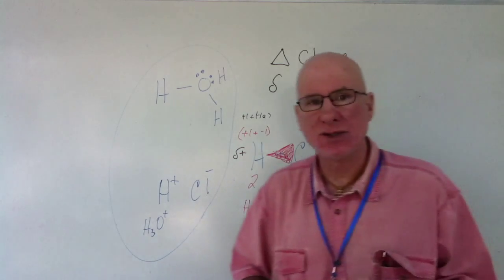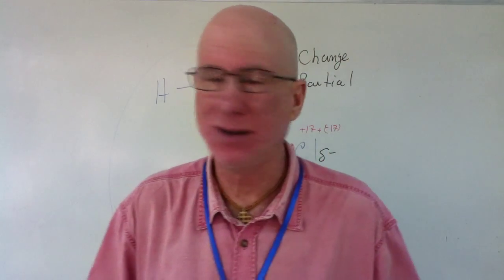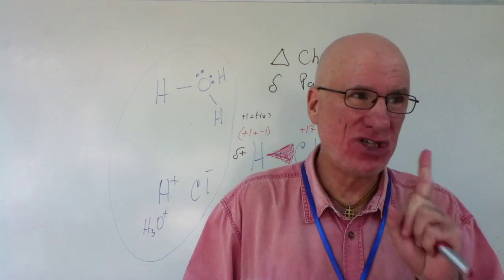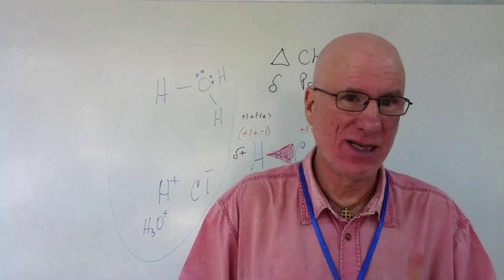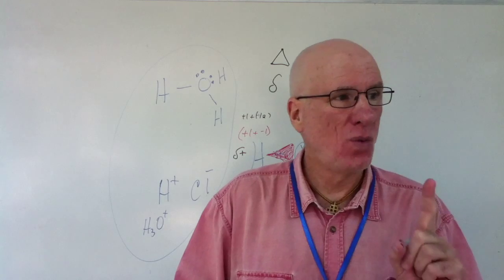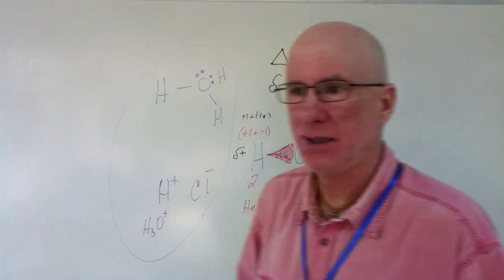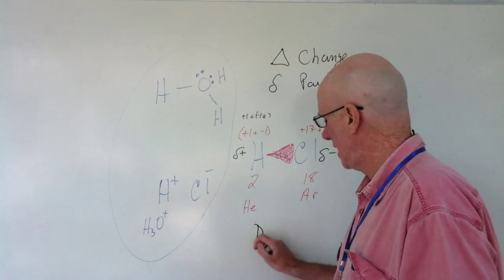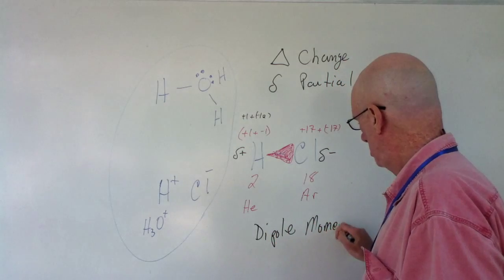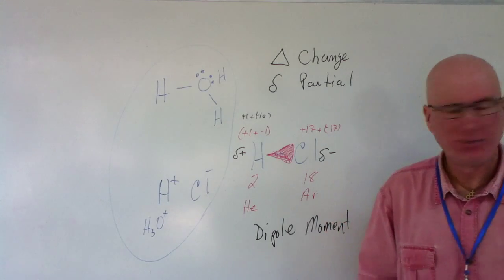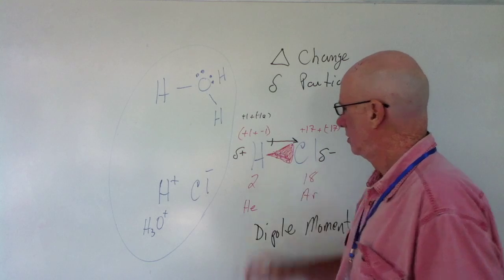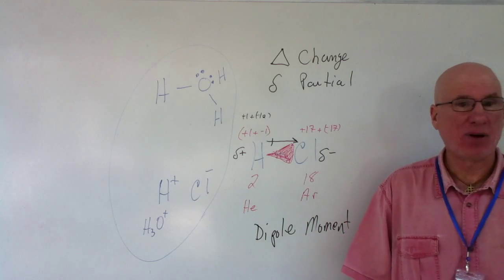Now, that's called a polar bond. That's what that's called. When you have a shift in the bonding cloud, it's called a polar bond. And the way you represent that polar bond is with what we call a dipole moment. That's the dipole. It has a dipole moment.